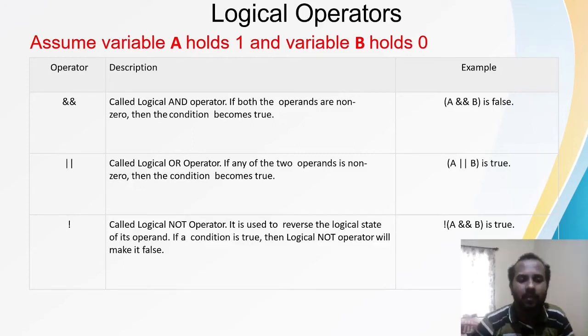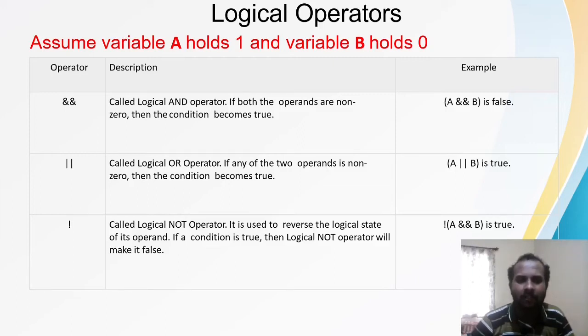Before going to the logical operators, try to remember your computer organization class, how the AND, OR and NOT were working. What is the characteristic of logical AND? When both are true, then only your output will be true.